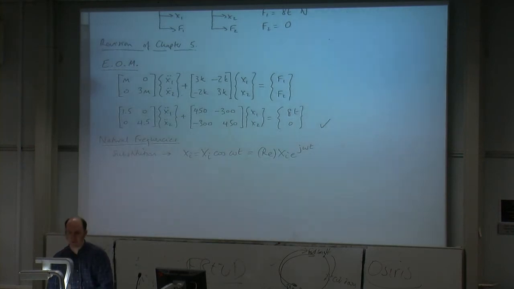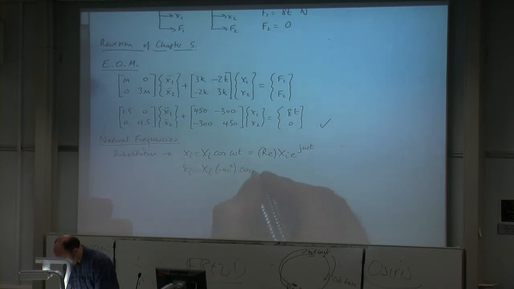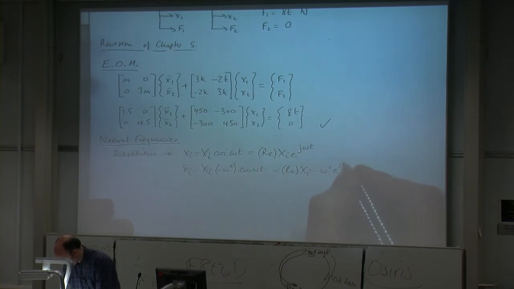So either of those substitutions work, because if you take the second derivative of either of those, okay, we're going to get big Xi times minus omega squared cosine omega t. And you could do the same thing here. We get the real part of big Xi minus omega squared e to the j omega t.